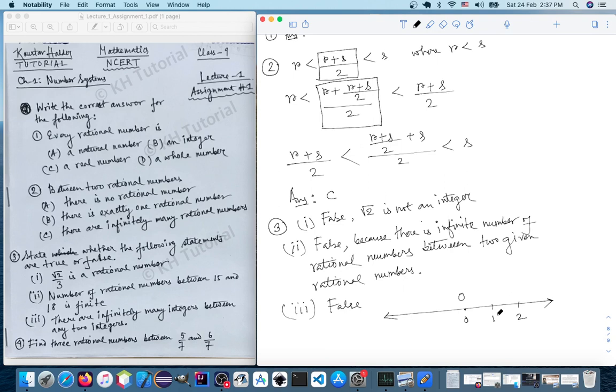So let's say these two are integers 1 and 2, A and B represent integers 1 and 2, and over here, let's say C, this is -1, this is -2. If you take any two integers, between them there has to be a finite number of integers. It is not that there are infinitely many integers between any two integers.